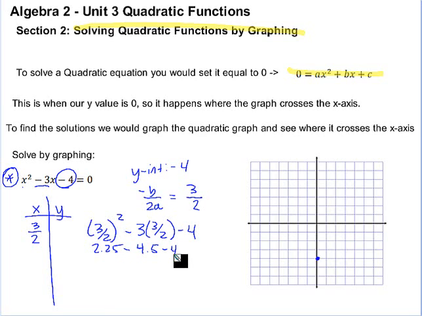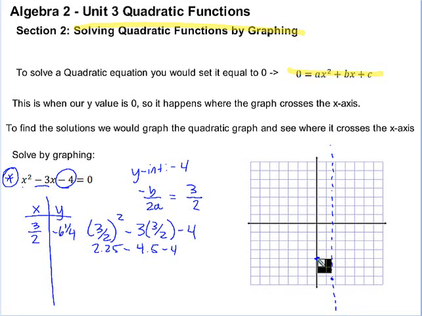So that is equal to -6 1/4, or -6.25. So at 1.5, we are at -6.25, and that is also our axis of symmetry here.